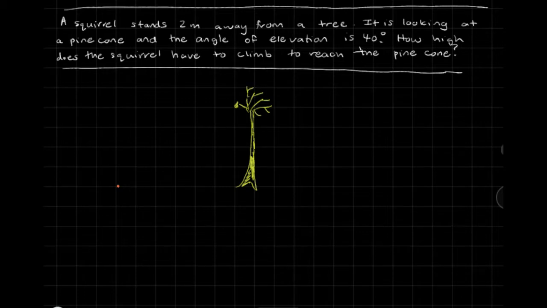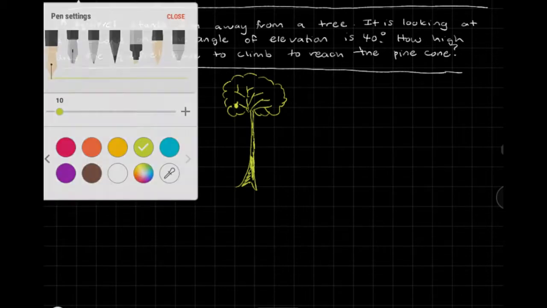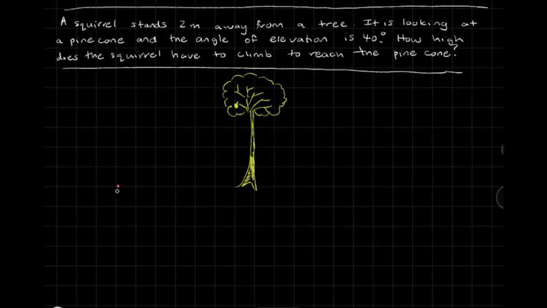And you can just kind of draw some leaves here. But let's say that the squirrel is looking at this pine cone, this object here. Okay, so here's your squirrel, and it's 2 meters from a tree. Let's say that this distance here is 2 meters from the tree, right?